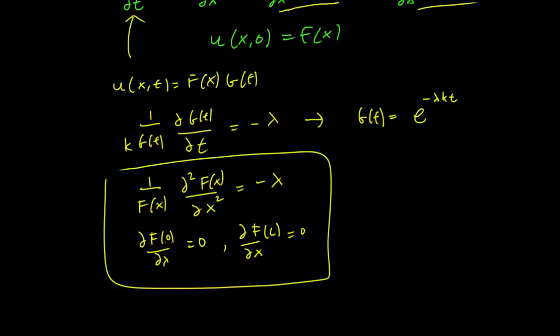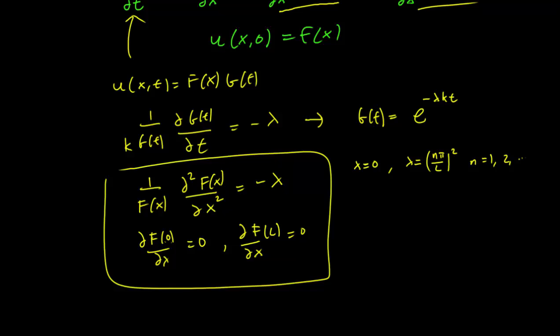So we have to solve this eigenvalue problem instead, and using the techniques you learned in ordinary differential equations, you will find that the eigenvalues are lambda equals 0 and lambda equals (n pi over L) squared once more for n equals 1, 2, and so on. So remember that we have a 0 term unlike the previous case.